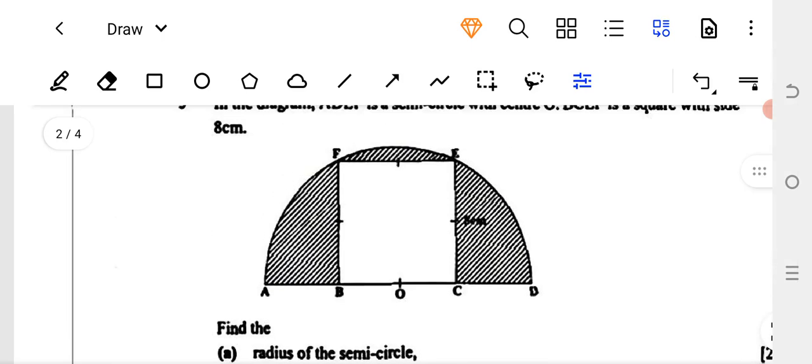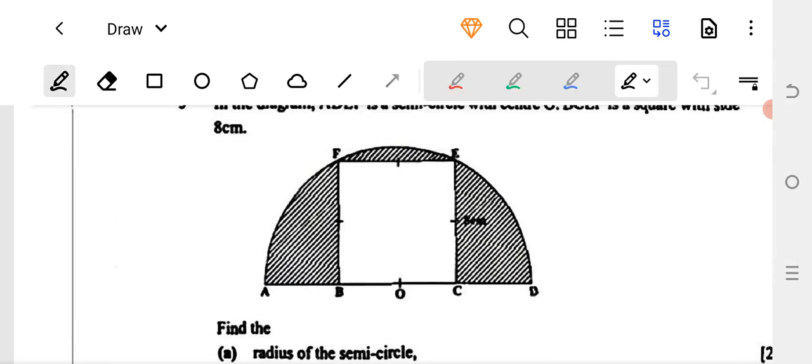So already from the onset we know that this right here is 8 centimeters there. Is that visible? No. Let us use maybe the green. That is 8 centimeters there. Still not very visible.